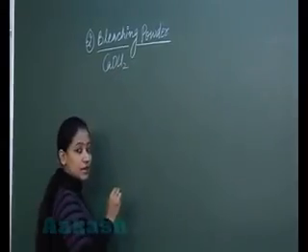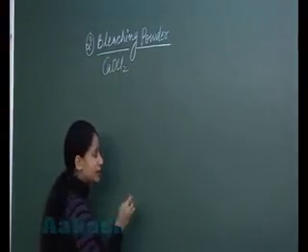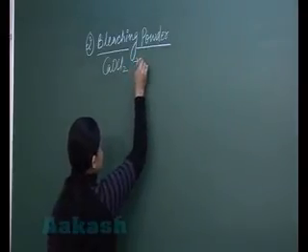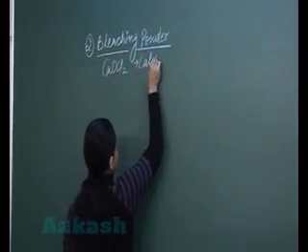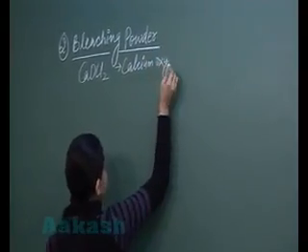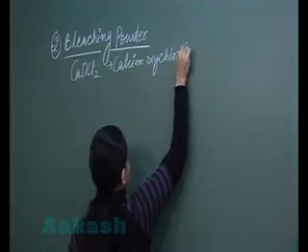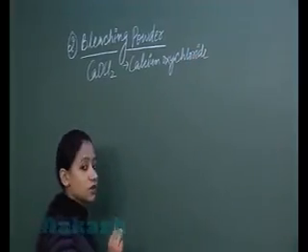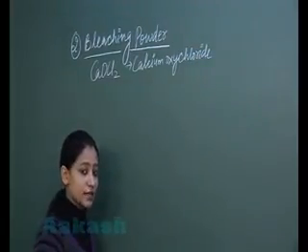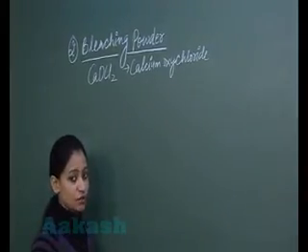And students, the chemical name of bleaching powder is calcium oxychloride. So bleaching powder is represented with the formula CaOCl2, whose chemical name is calcium oxychloride.